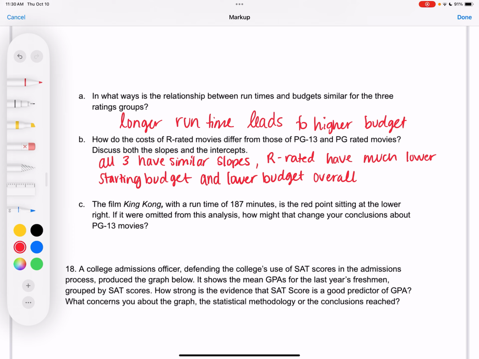So if you remove a low point, it's going to bring it higher. If you removed a high point, it would bring it lower. Okay. So essentially, omitting it would make the slope much steeper.